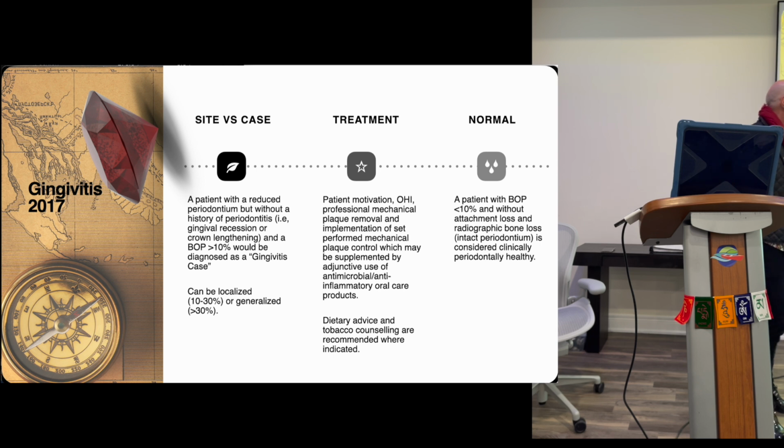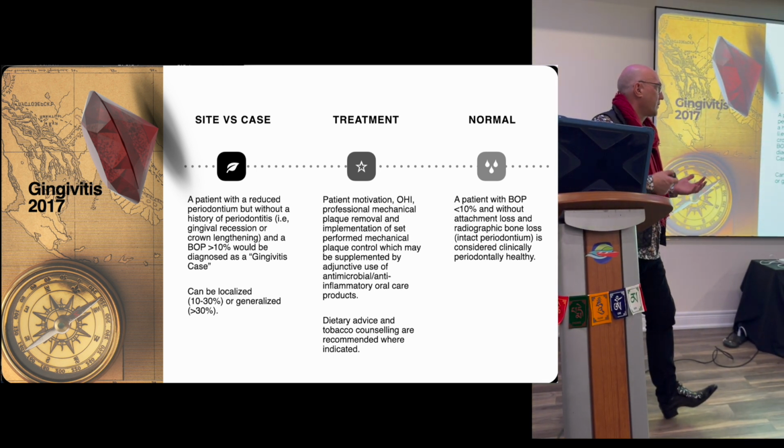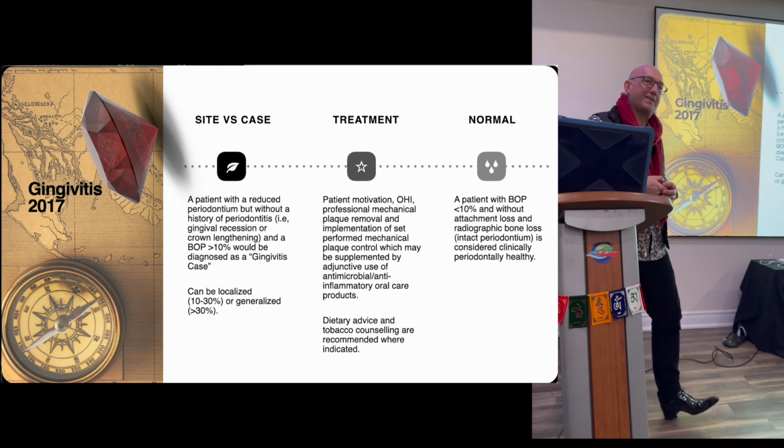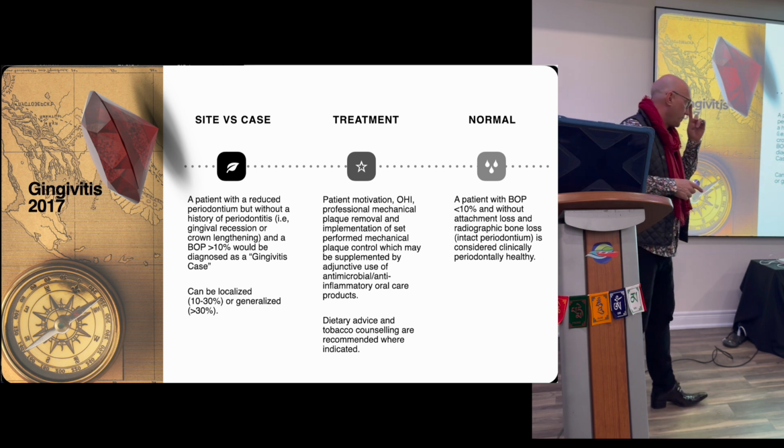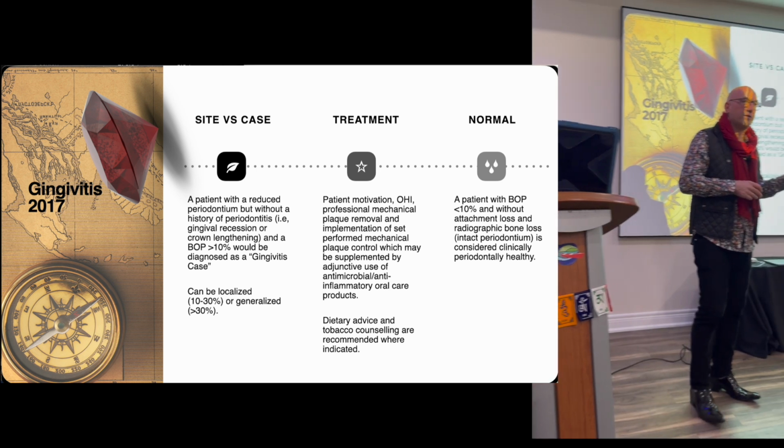Treatment is pretty easy: patient motivation, oral hygiene, professional mechanical plaque removal, and adjunctive use of antimicrobial or anti-inflammatory oral care products. If only we had someone to talk about antimicrobial oral care products here. Well, stay tuned, right? I'm setting you up. Dietary advice, tobacco counseling. We're anti-tobacco here, just to be clear.